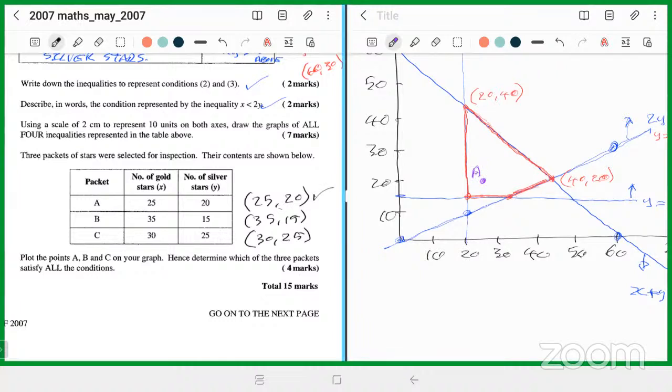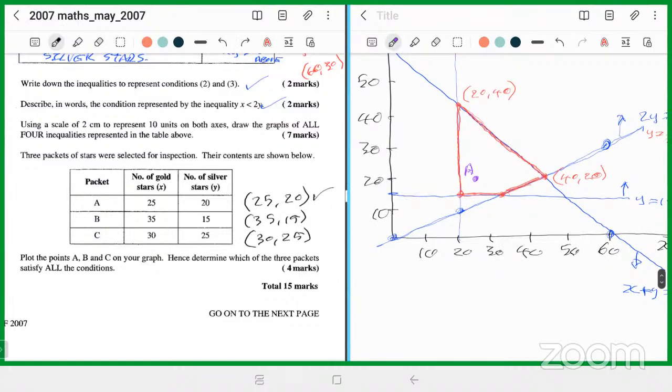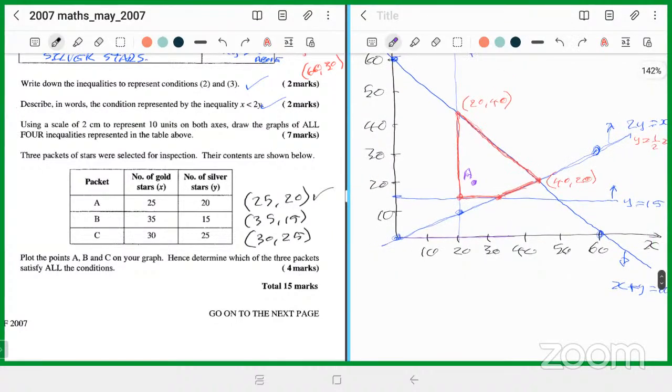Then B. B is (35, 15). So 35 is right here, and then 15 is on this line, looks like right here. The question is, what is this point? That point is on the line y equals 15 and also where y equals half x.